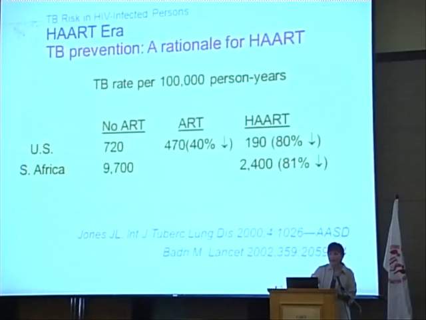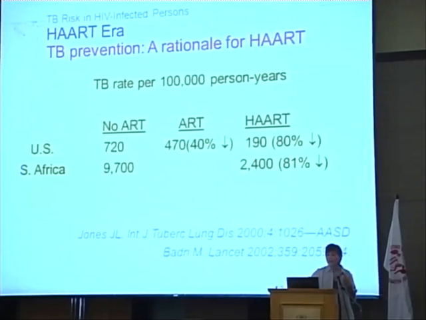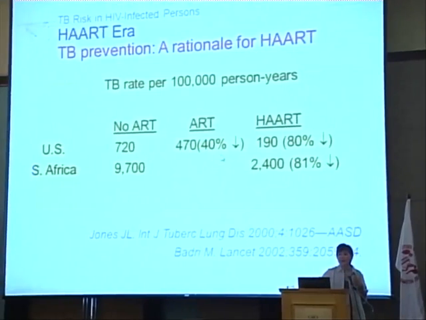Okay. What is the rationale for using antiretroviral therapy, and particularly HAART? Okay. In the U.S., so we're looking at TB rates here, in the era of using just plain old antiretroviral therapy, they saw a decrease in the TB rate by 40%. And with HAART, it decreased by 80%.